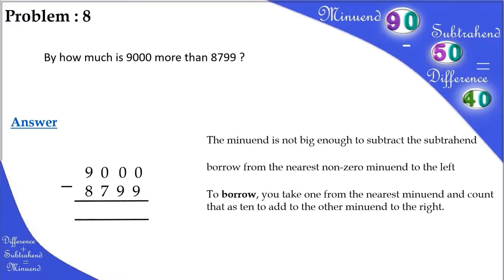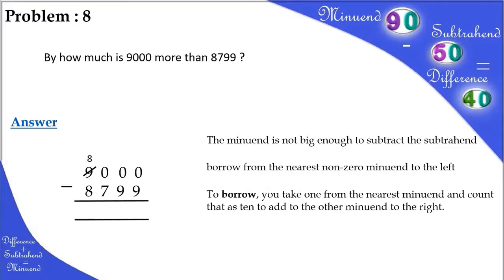We cannot subtract 9 from 0. So, to borrow, we will go to the nearest minuend. Here also 0 is there. So, again to borrow, we will go to the nearest minuend. Here also 0 is there. So, we will go to the next minuend. Here 9 is there, so we will start borrowing from 9. We will borrow 1 from 9 and 9 will become 8.